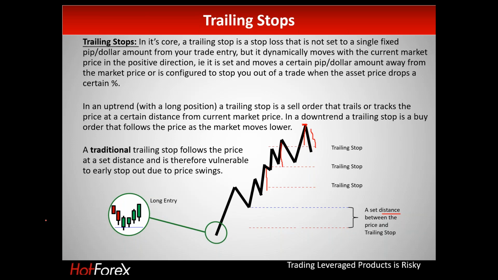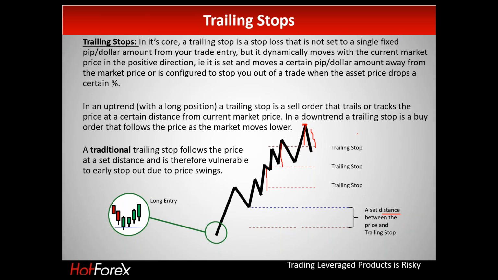But similar to all the stop orders, a trailing stop enforces trading discipline by taking the emotion out of the sell decision, and this enables us as traders to protect our profit and investment capital.